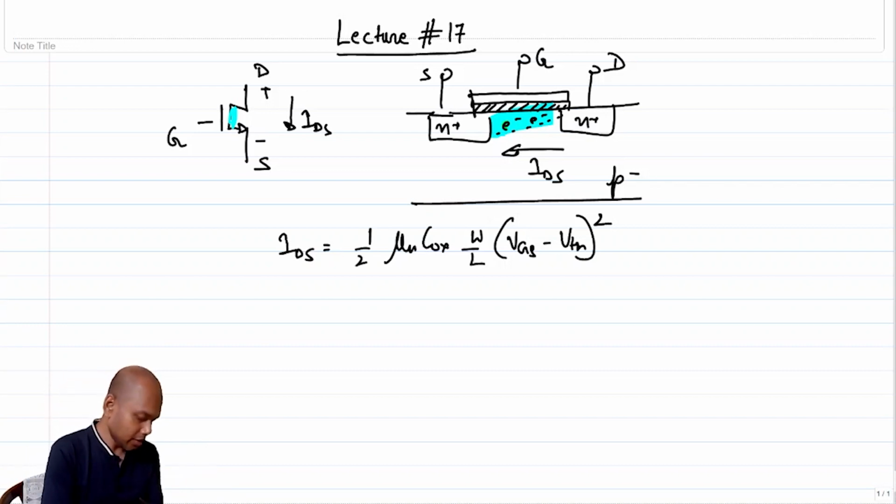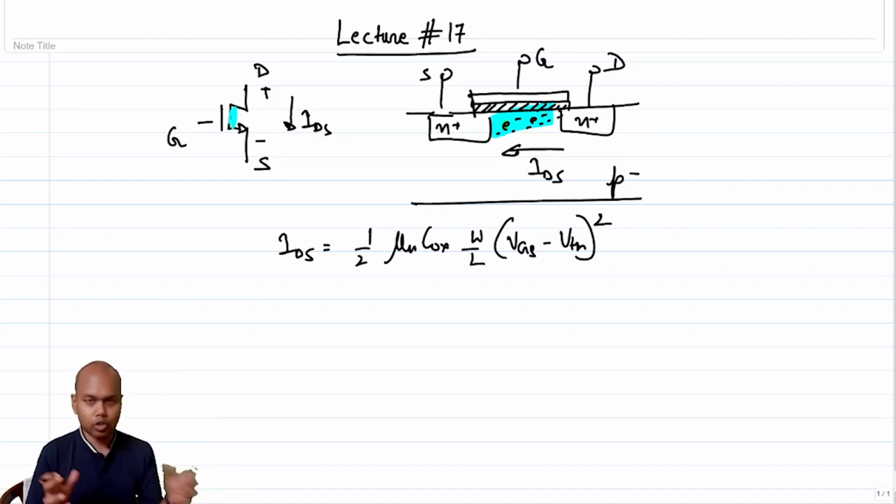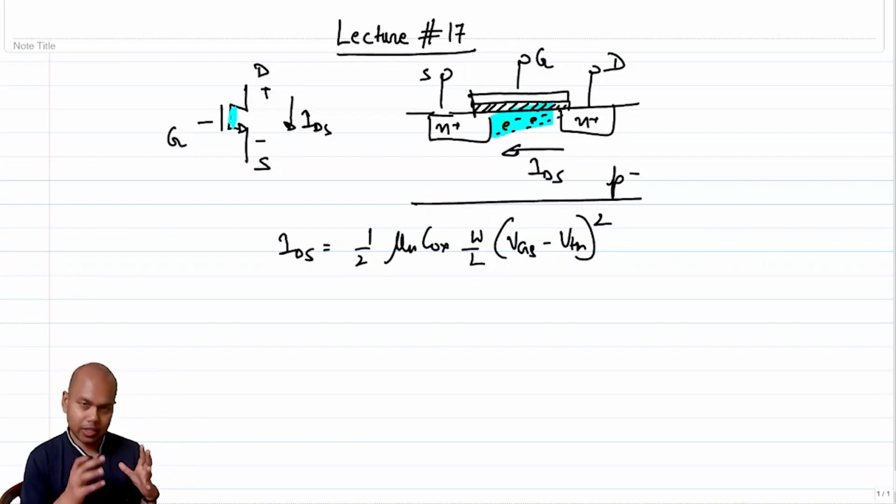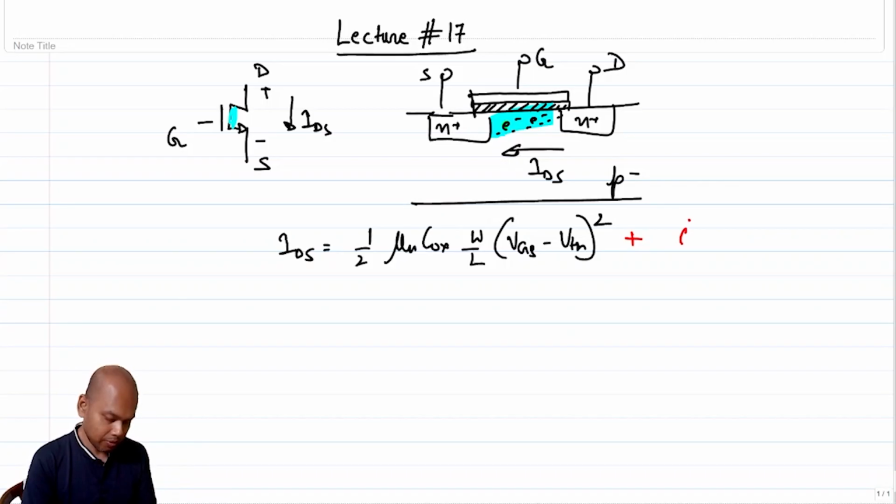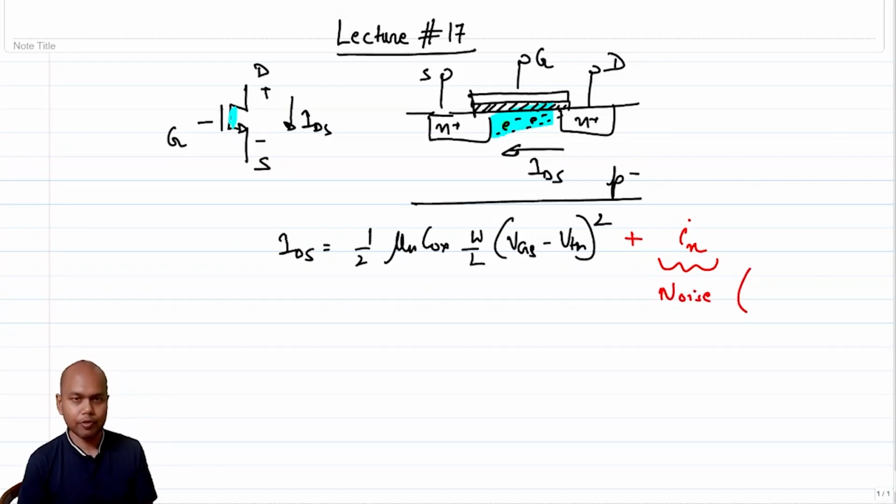But just like in the case of a resistor, if you actually measure the IDS, you are going to see this plus some IN, and this IN is noise. Again, this will be just like before.